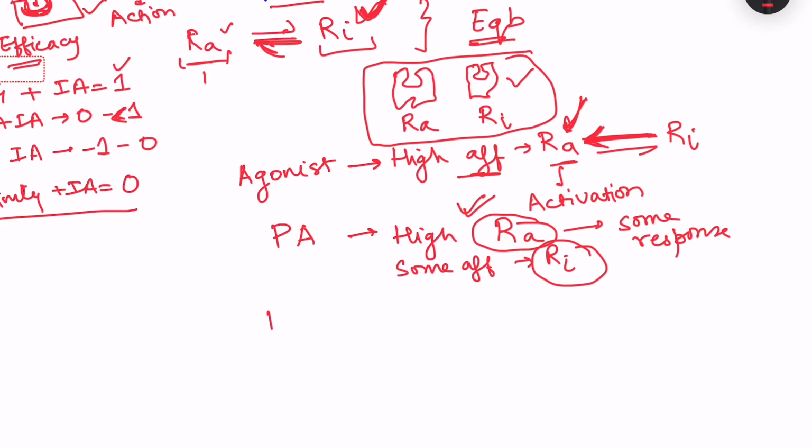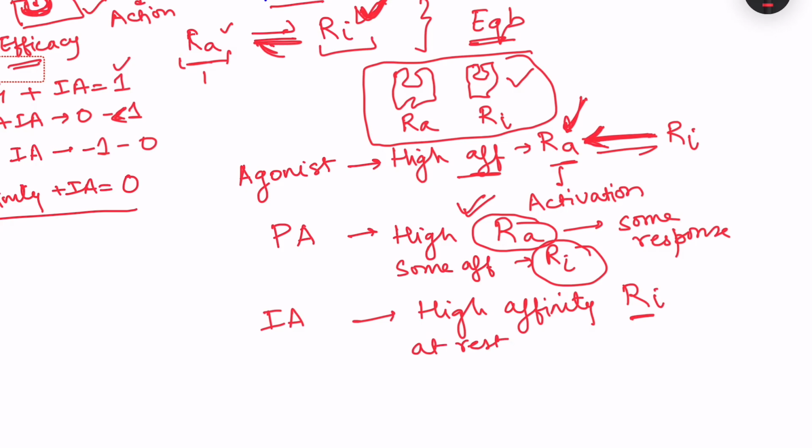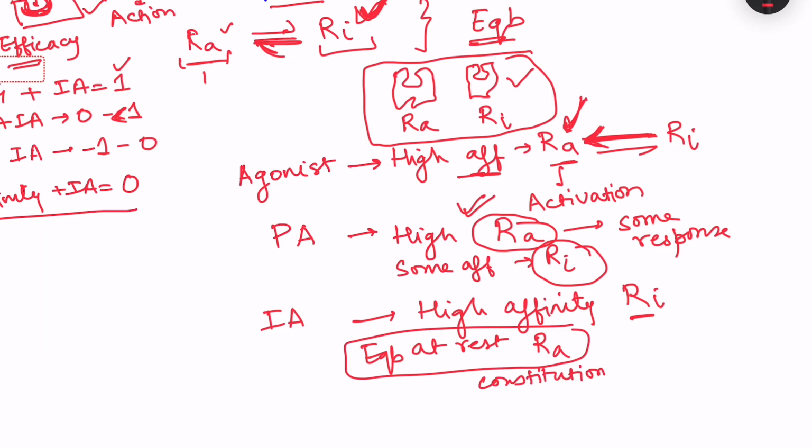Then there is inverse agonist. Inverse agonist, where will it bind? It has high affinity for RI. But there is a but here, that it mainly works for receptors for which the equilibrium at rest is towards the RA. That means constitutionally, even at rest, most of the receptors are in RA state.